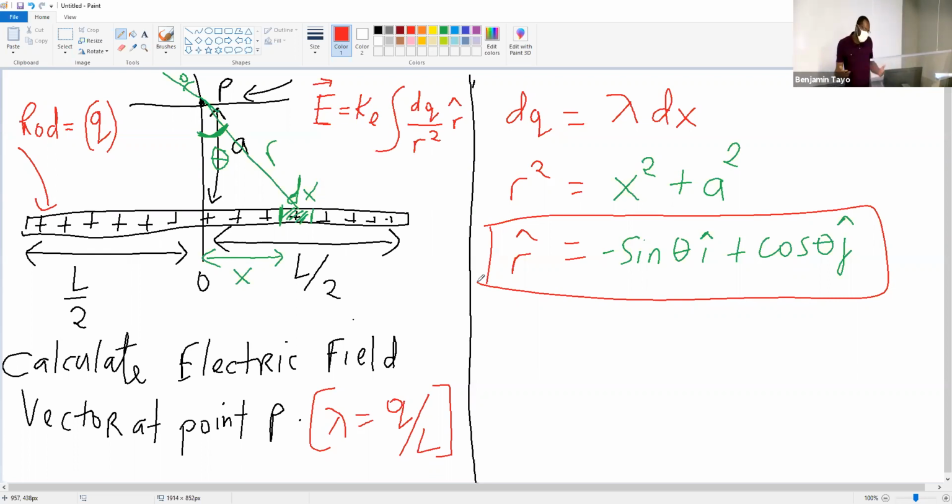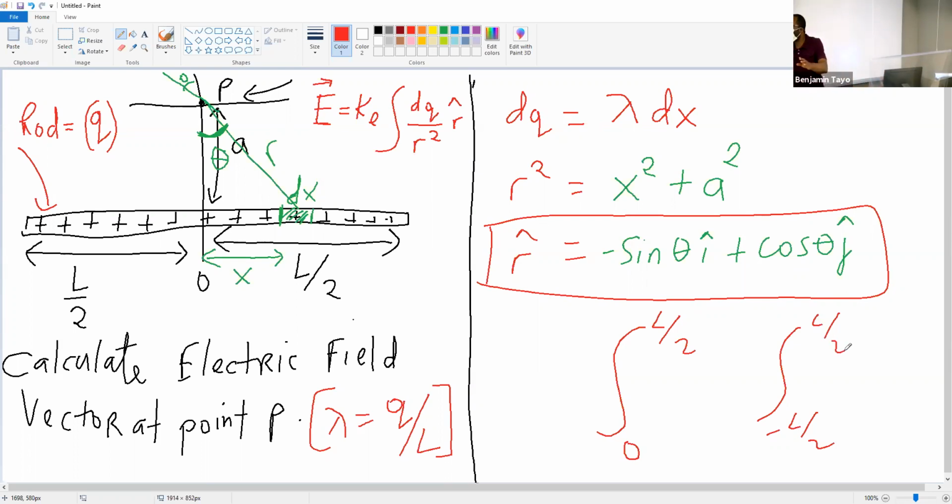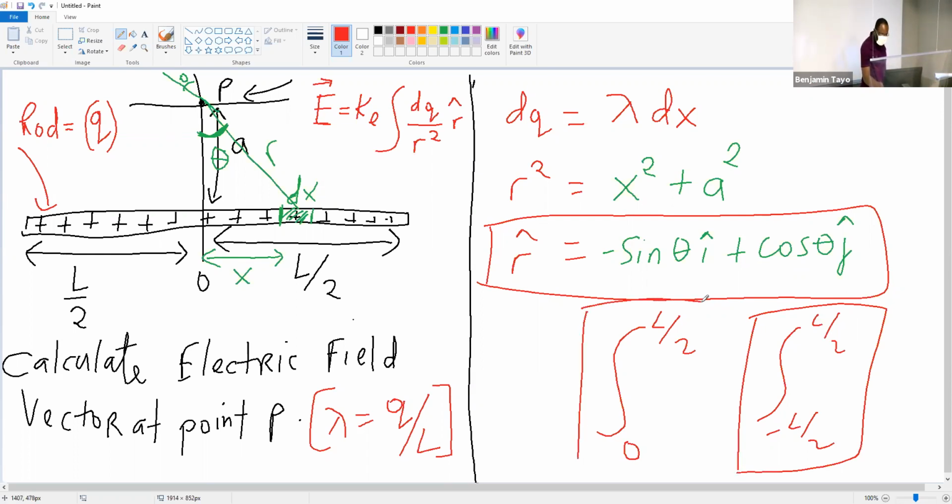Okay, so that's correct. There are two, and I'm going to talk about this later on. When I do my integral, do I do my integral from 0 to L over 2 just to cover one part, or should I do my integral, for example, from negative L over 2 to L over 2? You're going to notice that I can do my integral from negative L over 2 to L over 2, or I can do it from 0 to L over 2, but then I must multiply by 2 to cover everything.